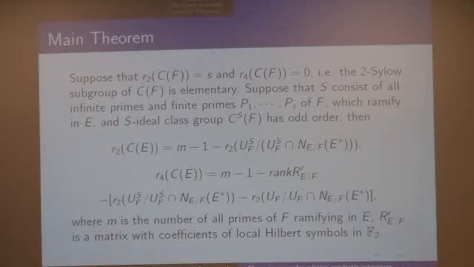Then the 2-rank of C_E equals m minus 1 minus the rank of R, and we also give the 4-rank of C_E by this formula, where m is the number of all the primes of F ramified in E. R_EF plus is the matrix with coefficients the local Hilbert symbols in F2.